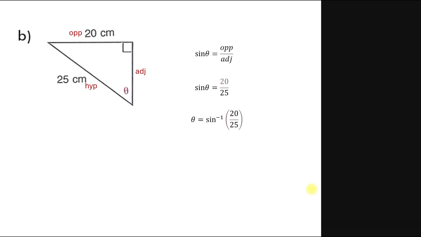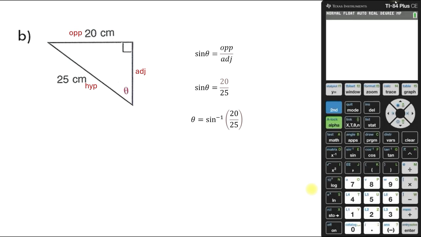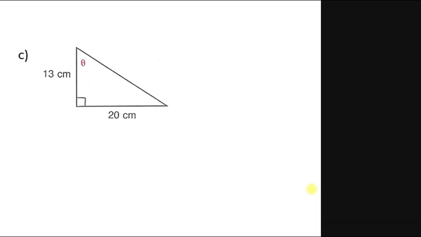Theta by itself, therefore, equals the inverse sine of 20 over 25. Second function, sine to bring up the inverse sine, 20 divided by 25, close bracket, gives us an answer of 53.1 degrees.